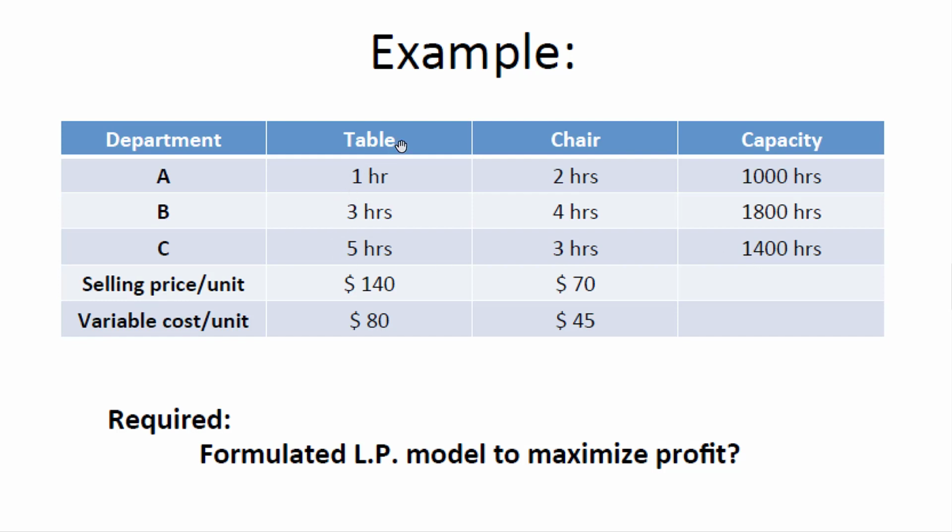The selling price per unit for one table is $140 and one chair is $70, and the variable cost per one table is $80 and one chair is $45. The requirement is to formulate a linear program to maximize profit.